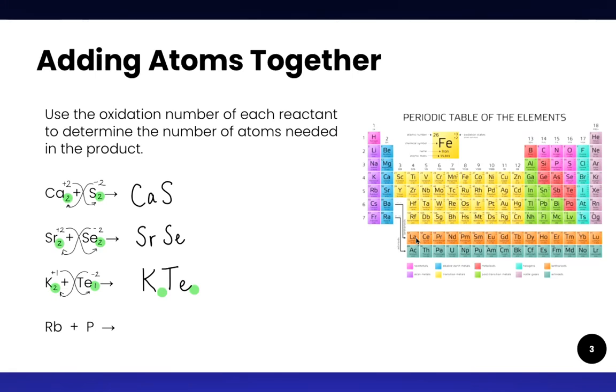And you can check that by multiplying the number of atoms times the charge. So it would be 2 times +1 equals +2. And then on this side, it's 1 times -2 equals -2. So those two charges are equal and opposite, meaning that our molecule will be neutral. So you'd write the final answer this way, K2Te.